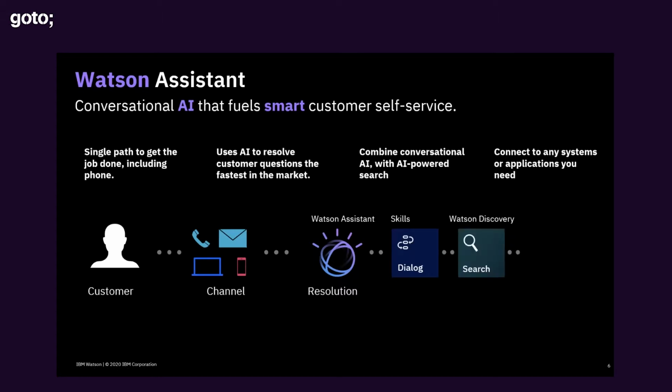Any questions that cannot be answered by the dialogue skill are then sent to the search skill, which finds the relevant answers by searching the company knowledge bases that you can configure for this purpose. And if the request is too complex for Watson Discovery to handle, it can be rerouted to the right human agent. In the meantime, it can continue to self-serve while the customer waits for the agent's response.